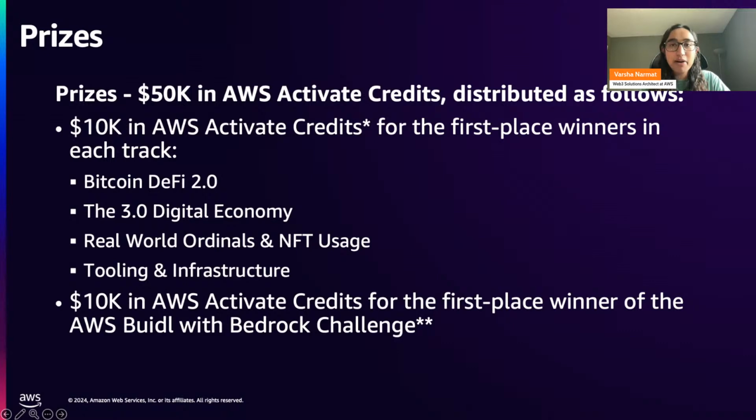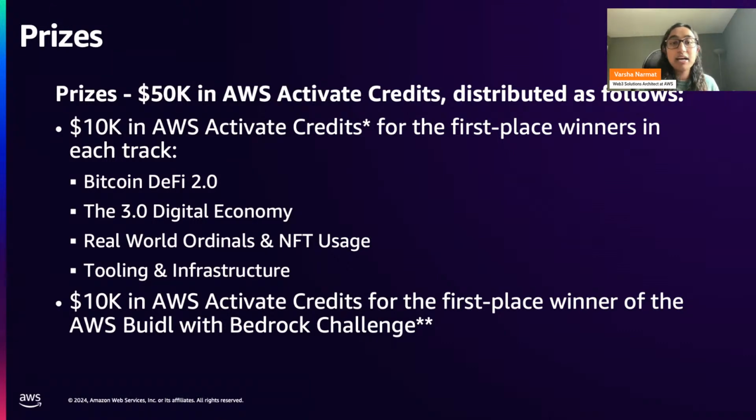And now to the fun part, the prizes. These are the prizes. As you may already be aware of, we're offering up to $50,000 in AWS Activate credits, and this is how we're distributing it.